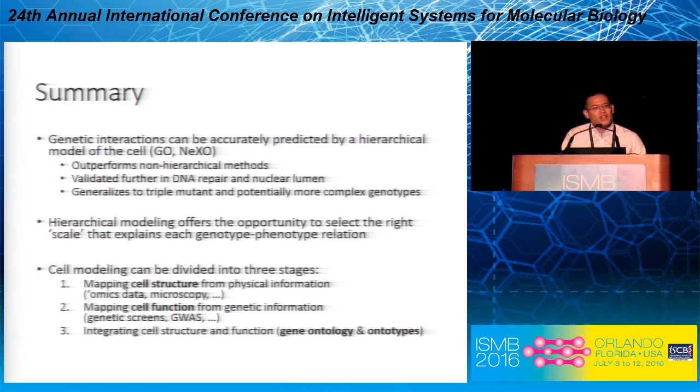And lastly, we think that this work demonstrates that modeling in the cell generally can be divided into 3 stages. The first is mapping cell structure from physical information, say from omics data or microscopy. The second is mapping cell function from genetic information. And finally, integrating those two together through these gene ontologies and ontotypes.